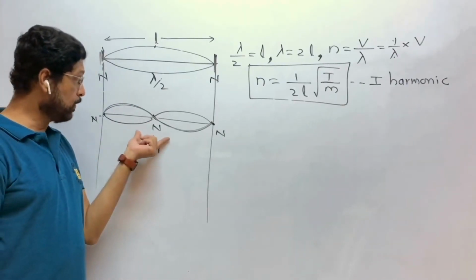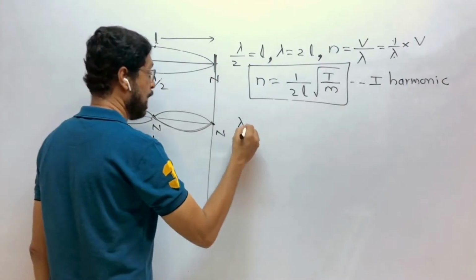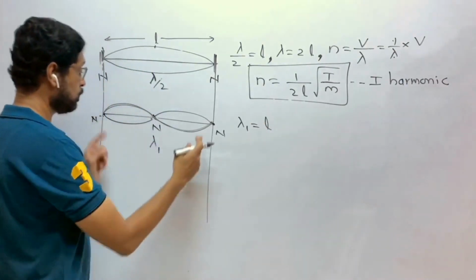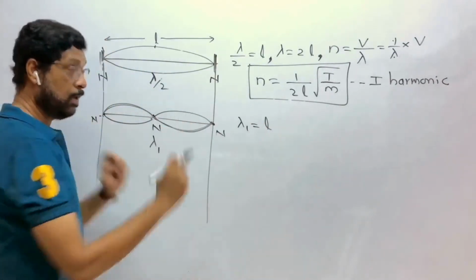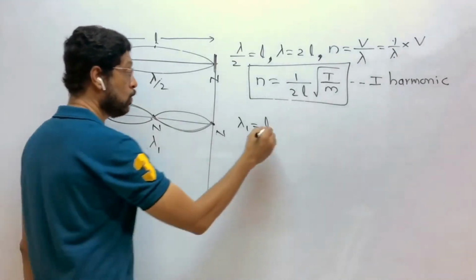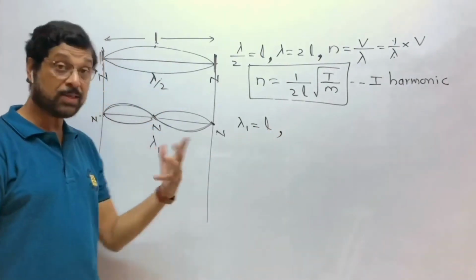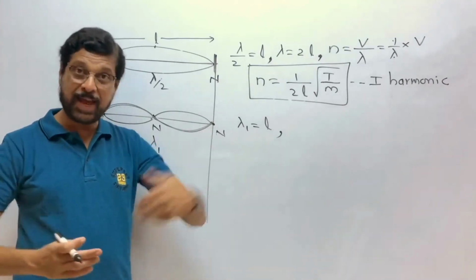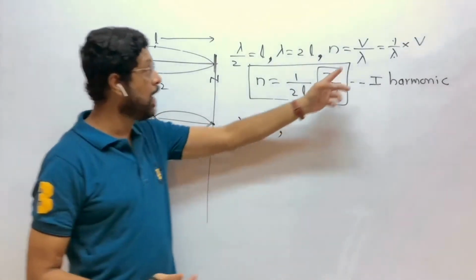So from this figure you can say that lambda 1 is equal to L, the length of the string. So now lambda has changed, which means frequency has changed, because frequency is V by lambda.